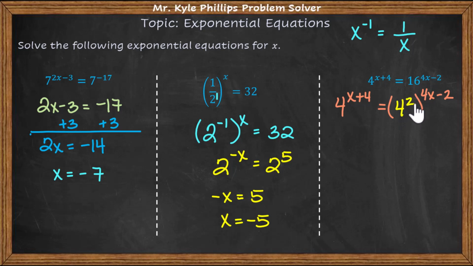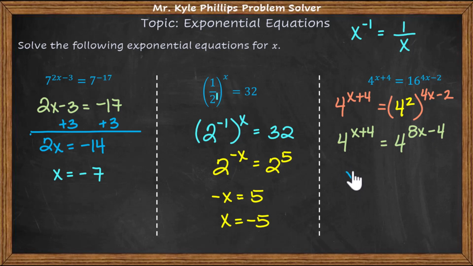Now, using my property of powers with exponents, this 2 is going to be distributed to the 4x and the negative 2. So now I have 4 raised to the x plus 4 equals 4 raised to the 8x minus 4. Now that my bases are the same, I can set my powers equal to each other.